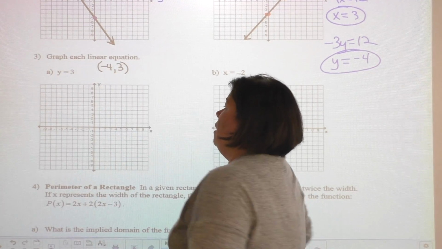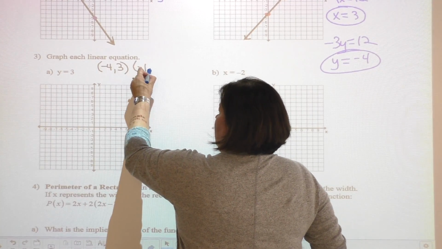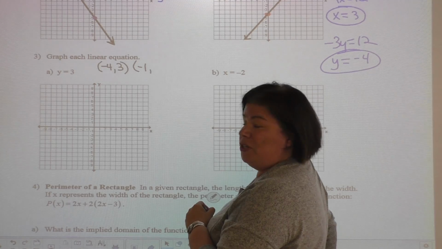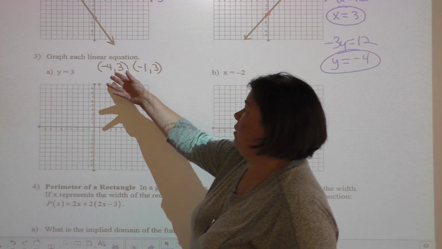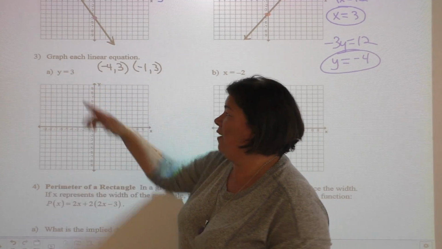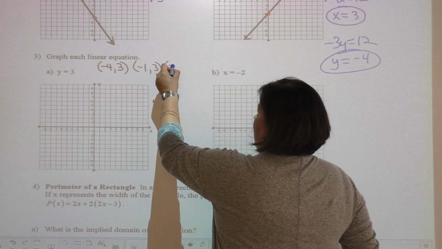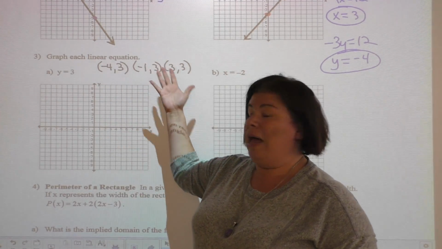Let's say you want to pick -1 for x. Again, that y value associated with that -1 is 3. So basically you can randomly pick some ordered pairs here, but your y value in all cases will have to be 3.